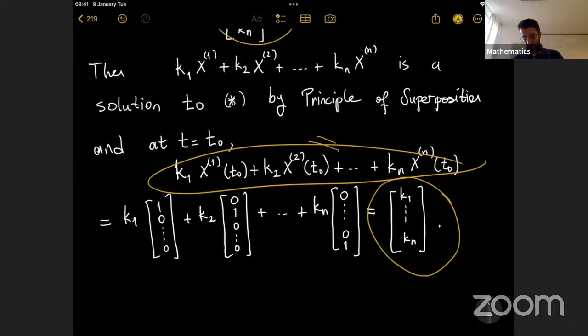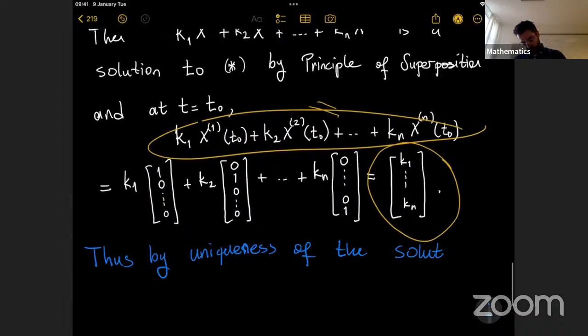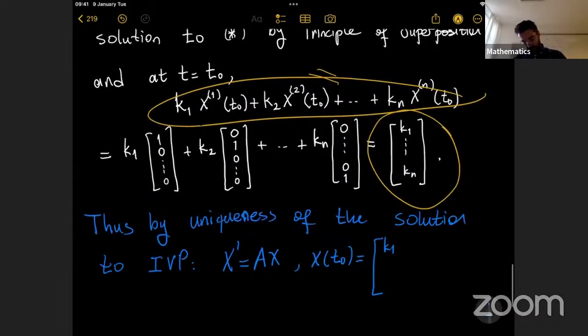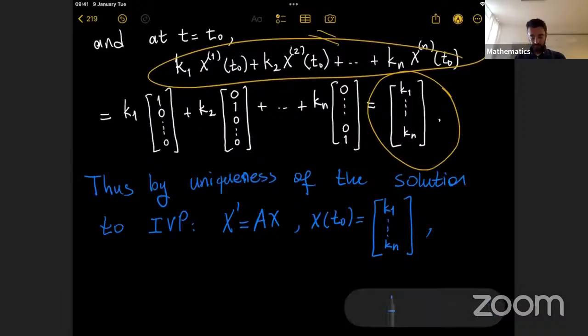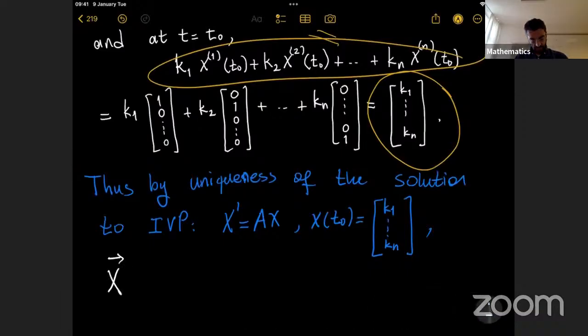So by uniqueness of the solution to the IVP, which IVP? x' equals Ax and x(t0) equals (k1, ..., kn), x is equal to k1 x1 plus this combination here, okay?